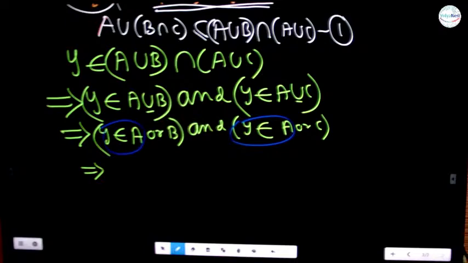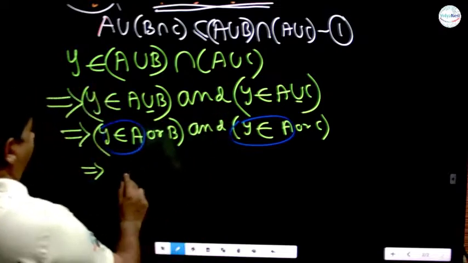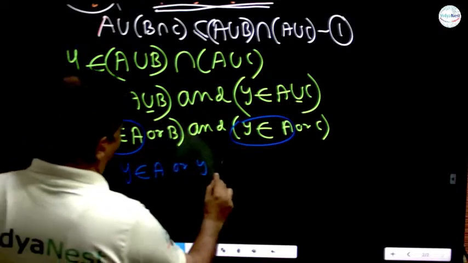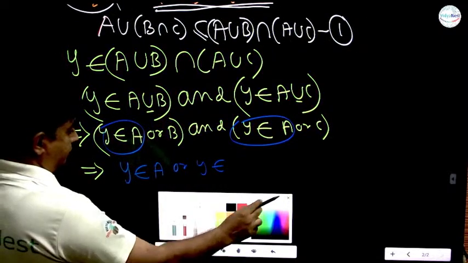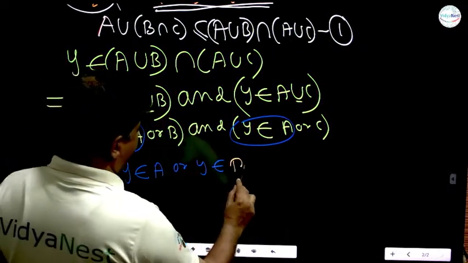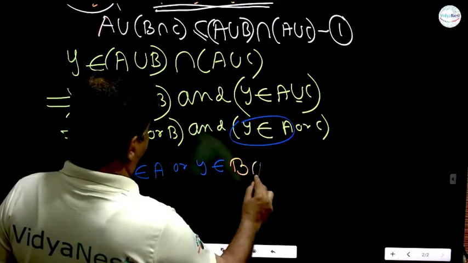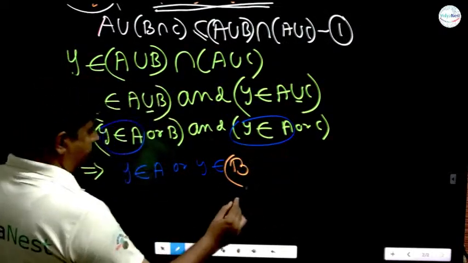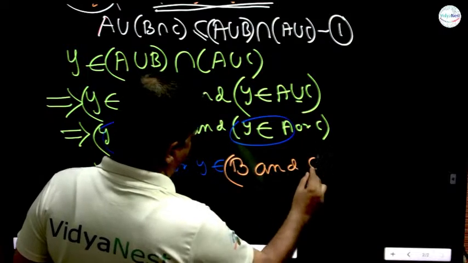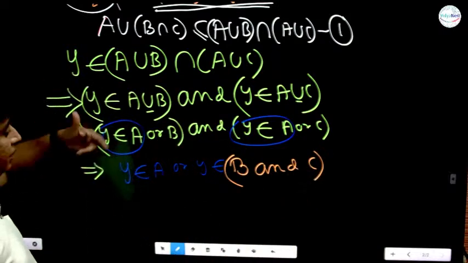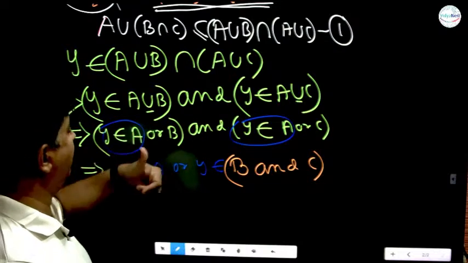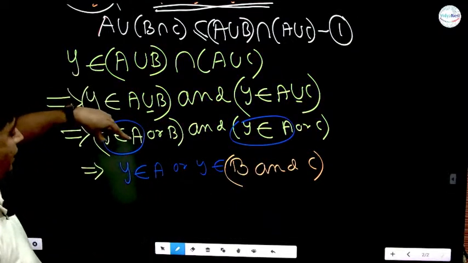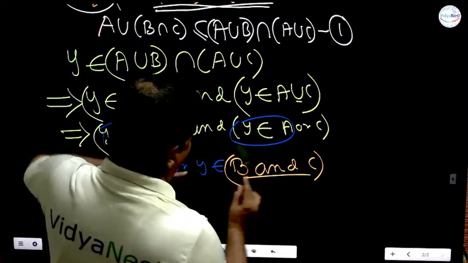So, I can write that y belongs to A or y belongs to B and C. You just observe here, y belongs to A or y belongs to B, y belongs to A or C. So I can write y belongs to A or y belongs to B and C. Matter is same.